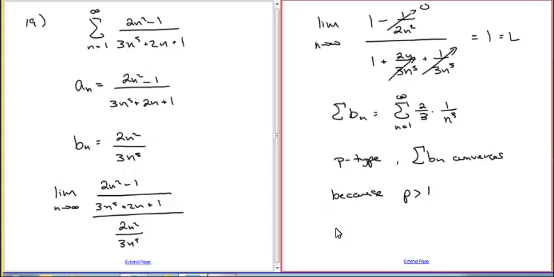Since the p-series converges, therefore a sub n converges according to the, what do we call this test? The limit comparison test.